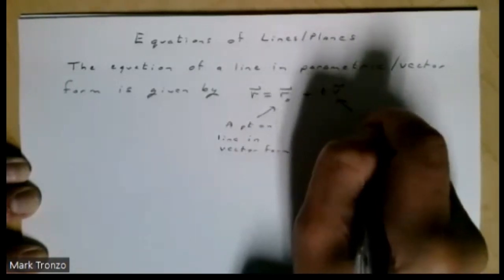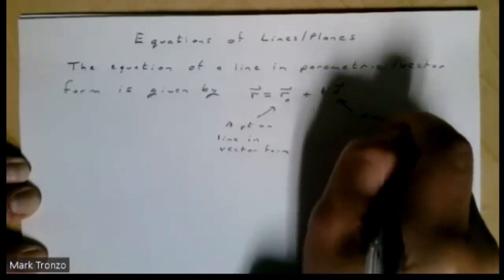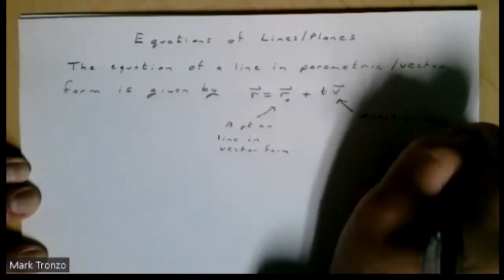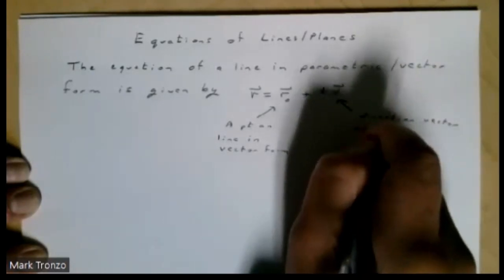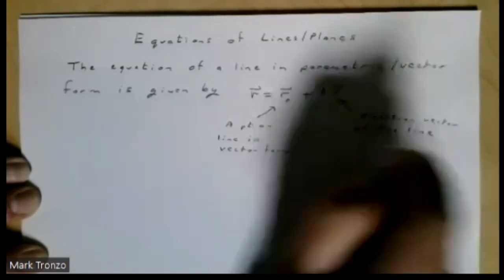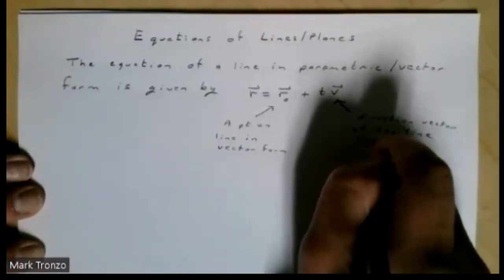And v is the direction vector of the line. This can often be thought of as the slope of the line.